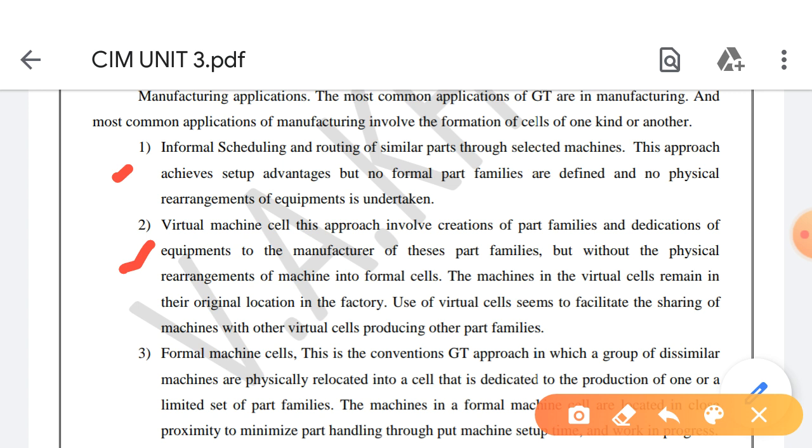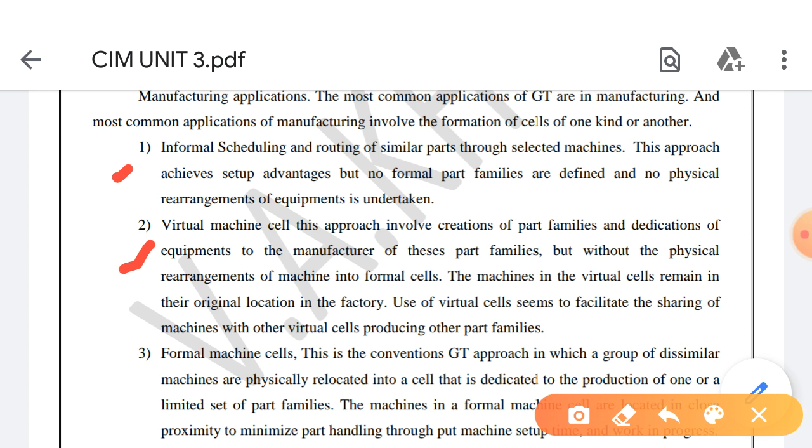Next is the formal machine cell. This is the conventional group technology approach, in which a group of dissimilar machines are physically relocated into a machine cell that is dedicated to the production of one or a limited set of part families. Here we are physically changing the machines.